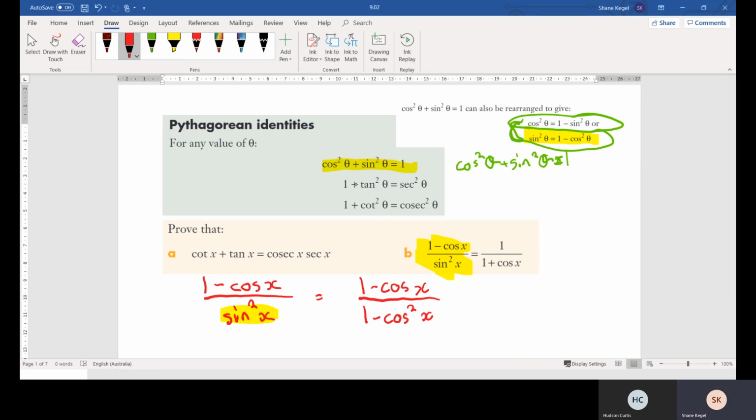At this point, I am going to split this into two fractions. The 1 take cos squared x I'm going to split into 1 take cos x and 1 plus cos x.